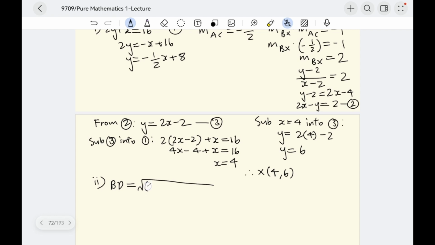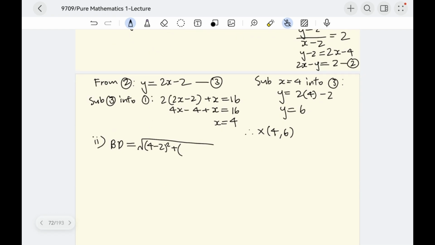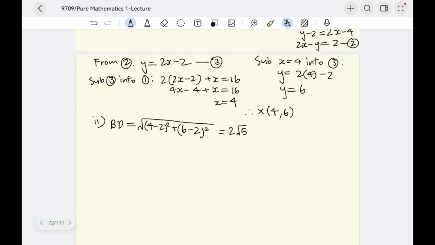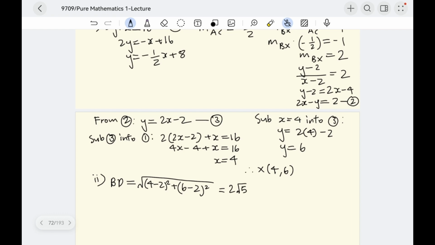So I have (4 minus 2) squared plus (6 minus 2) squared. So what I have is 2 square root of 5, remaining in exact form because this is just a part leading to the answer for the coordinates of D. I'm sorry, this is BX, my mistake.